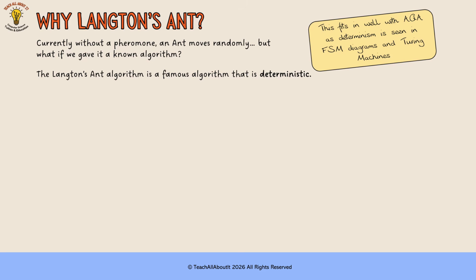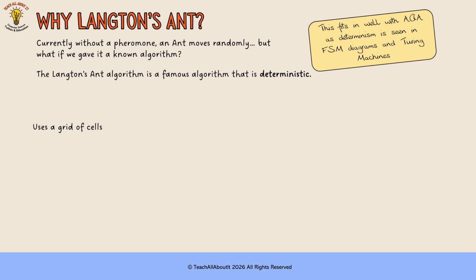Now you see determinism in AQA as part of Turing machines, and part of our finite state machine diagrams. So looking at how your algorithms are deterministic is a really interesting way of looking at some of our simulations.